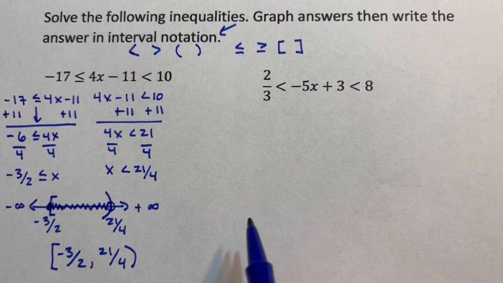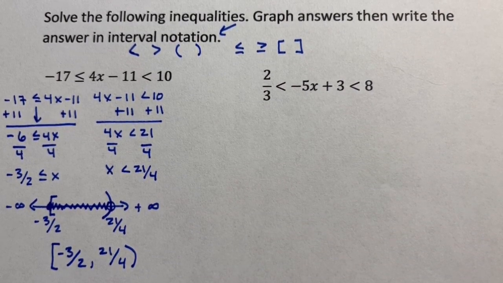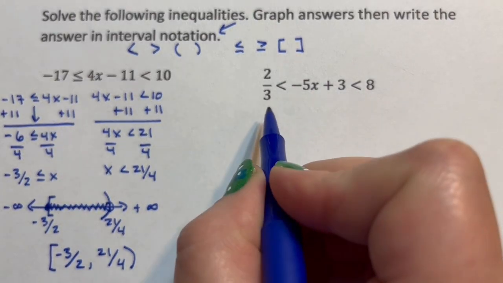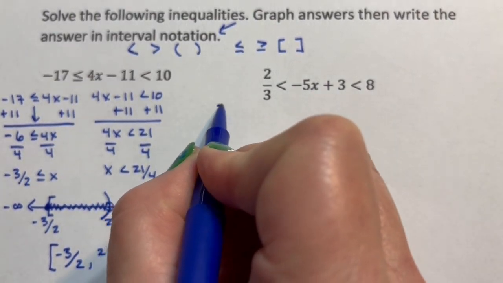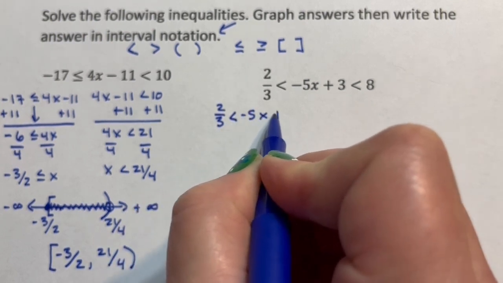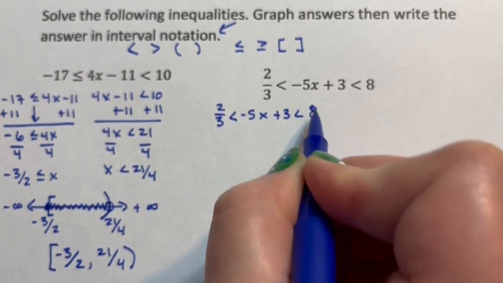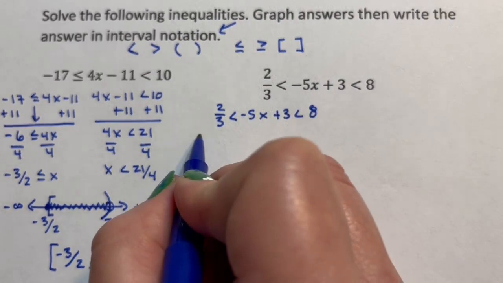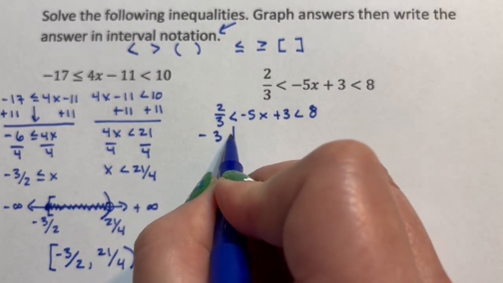The first way I'm going to do it is the way a lot of my students like to do it, which is brute force. My first step is I'm just going to subtract that 3. So I'm going to bring this over here. 2/3 is less than negative 5x plus 3 is less than 8. I have a lot of students who are like, I am just going to subtract 3.